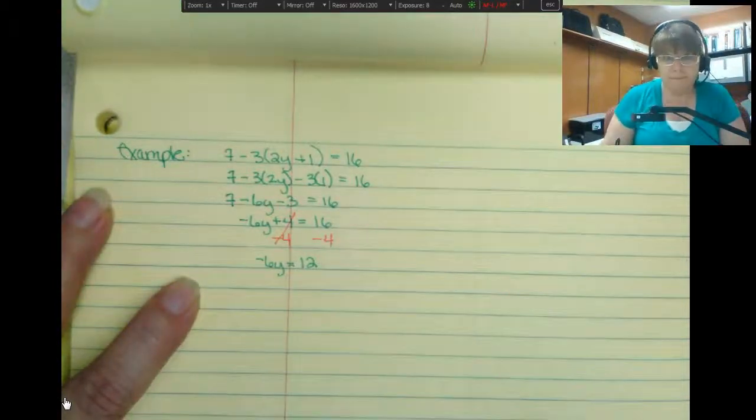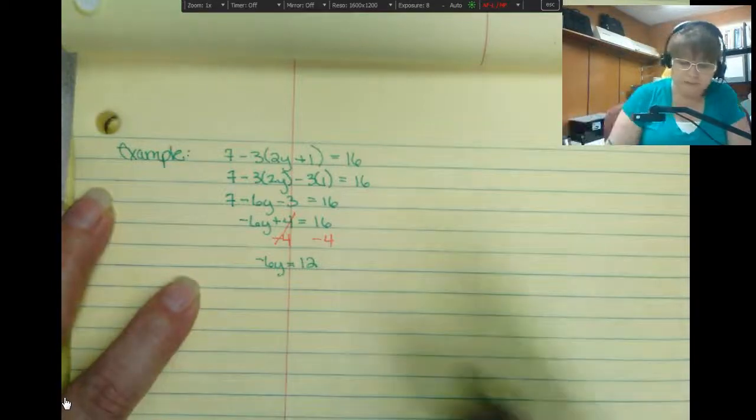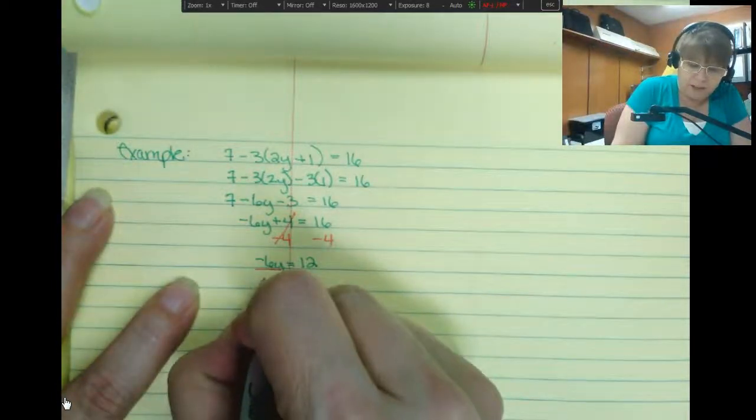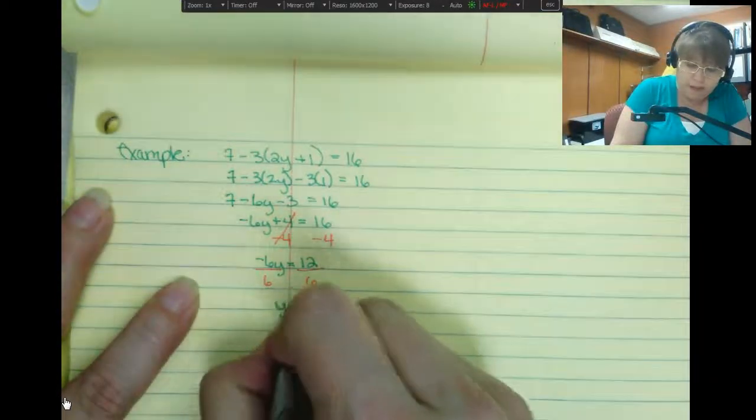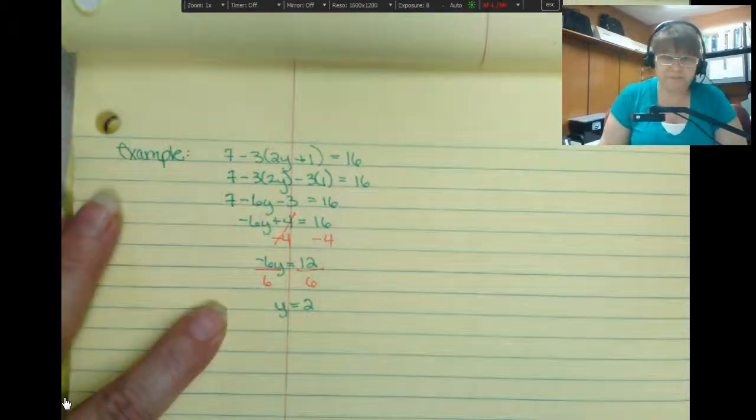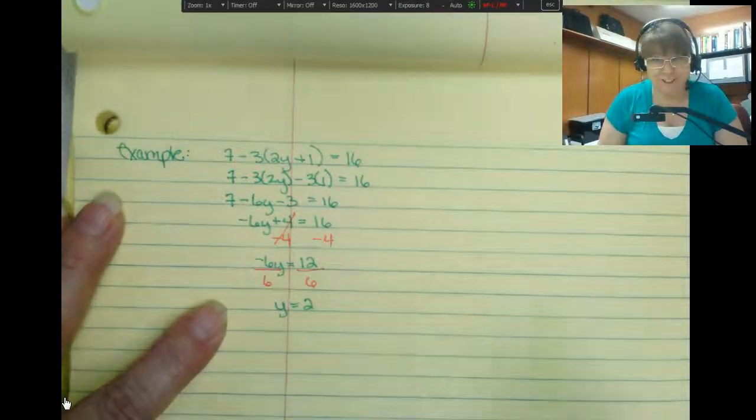I'm going to isolate my variable by dividing by the coefficient. So y equals 2. All right, here's why you check your solution.